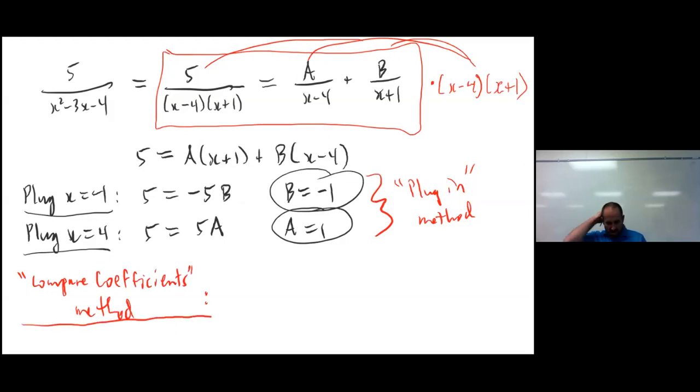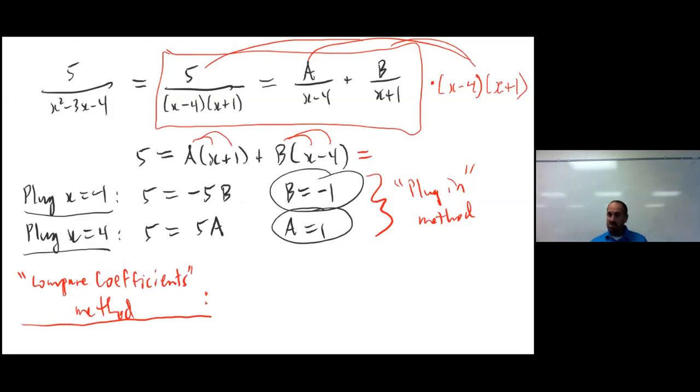Look, do you see up here, I have 5 equals a times the quantity x plus 1 plus b times the quantity x minus 4, right? If I were to combine things, if I were to distribute a through here and b through here, I would have x times something. What would x be multiplied by?